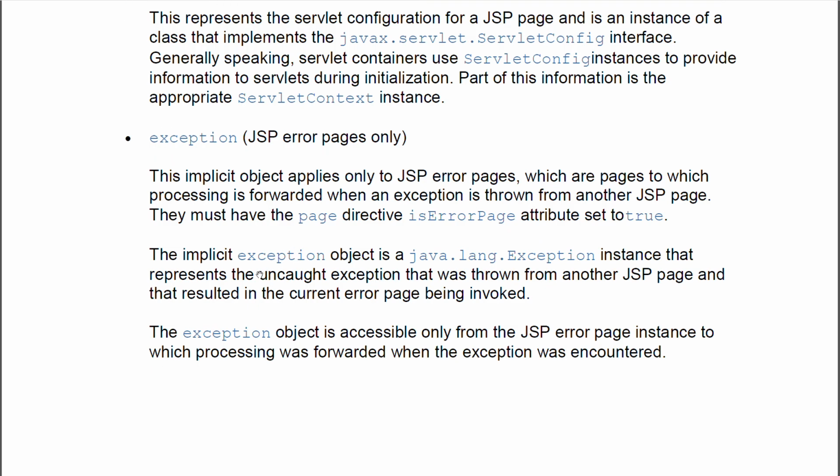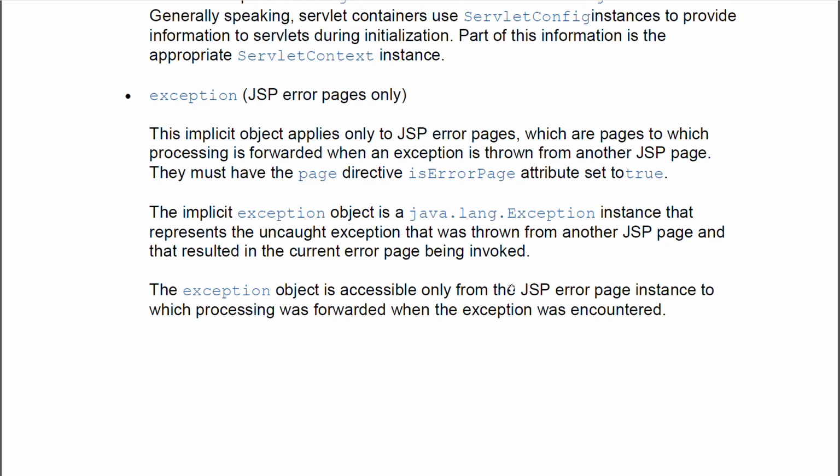Now this object exception is of type java.lang.Exception, and it will represent an exception which is not caught and it was thrown from another JSP page. That is why it resulted in invocation of the error page. Then we can write some exception handling code to handle this exception appropriately.